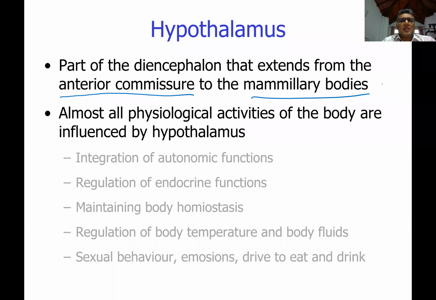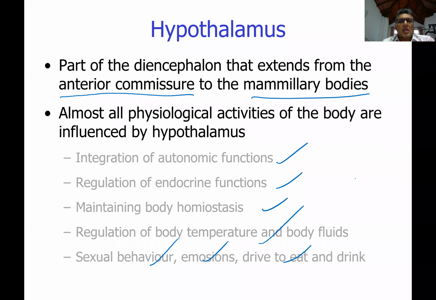It's integration of autonomic functions, that is sympathetic and parasympathetic integration, and regulation of endocrine functions, because you get all these releasing hormones from the hypothalamus coming down and influencing the pituitary gland. Then maintaining body homeostasis, which you have learned in physiology, and regulation of body temperature and body fluids, sexual behavior, emotions, drive to eat and drink, all controlled by the hypothalamus.